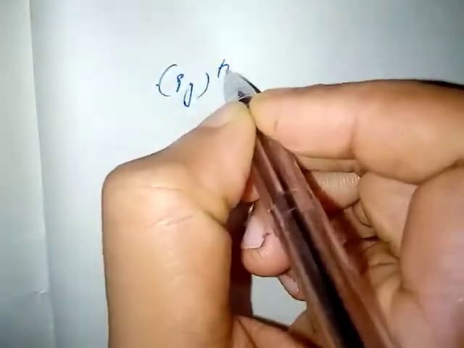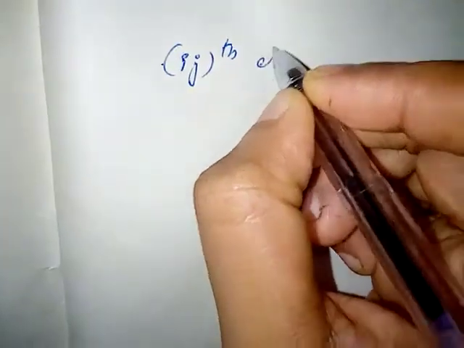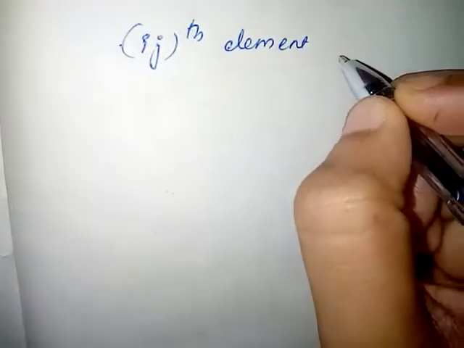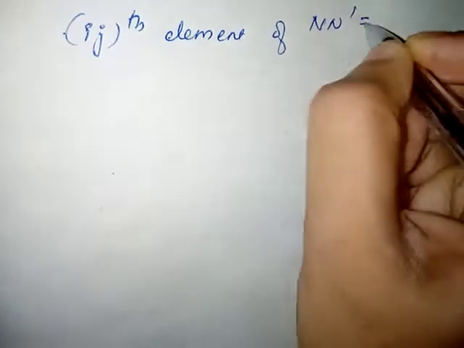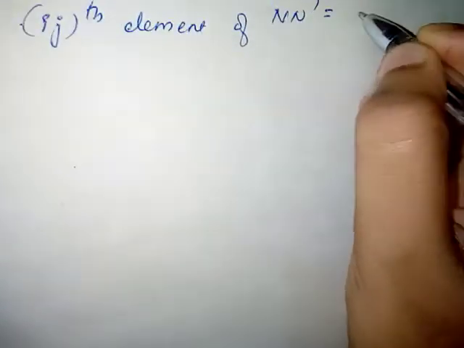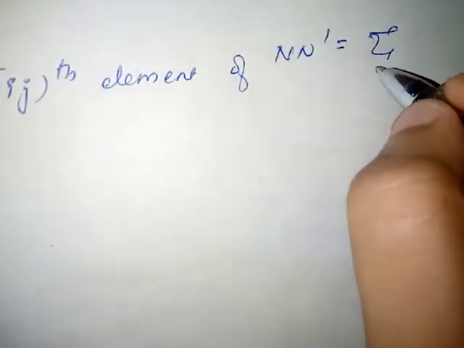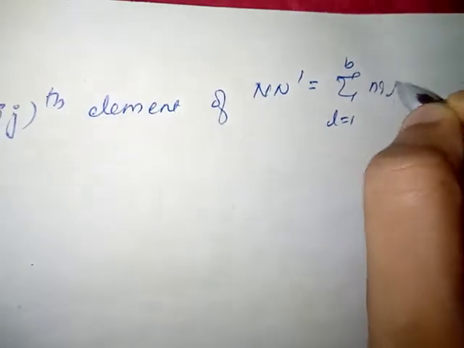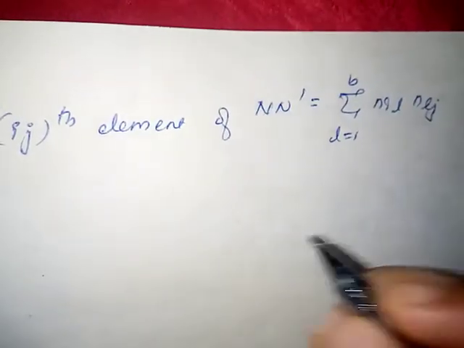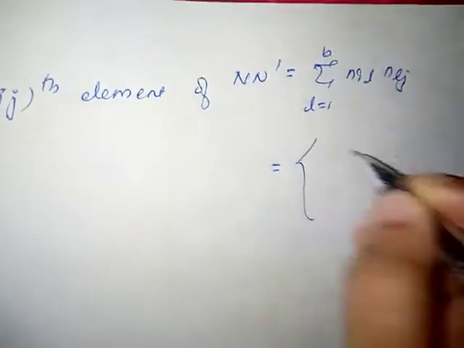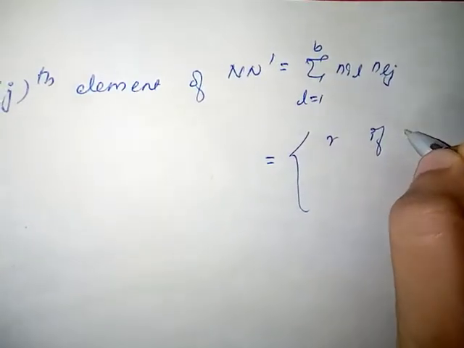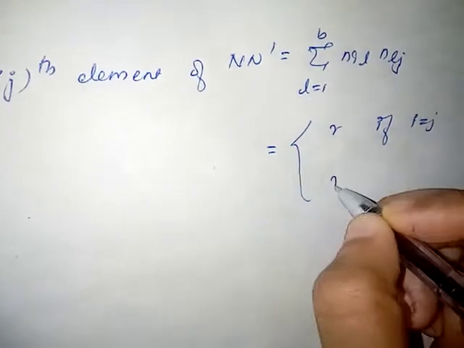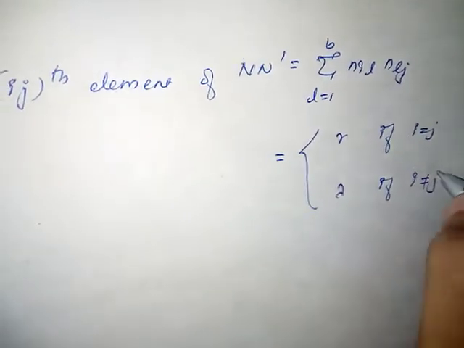That is the ijth element of N transpose N, equal to summation over l equal to 1 to b of n_il n_lj, which is equal to r if i equals j, and lambda if i is not equal to j.